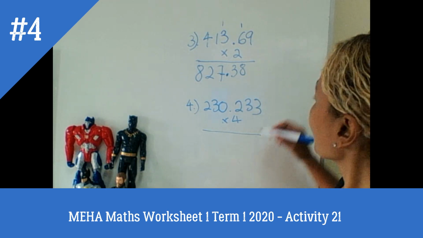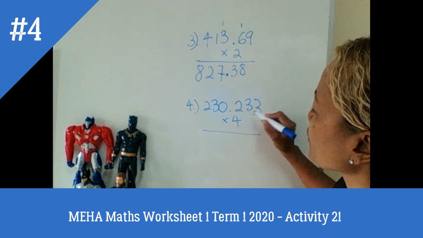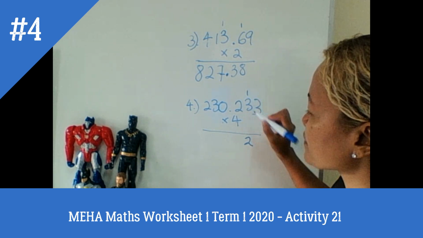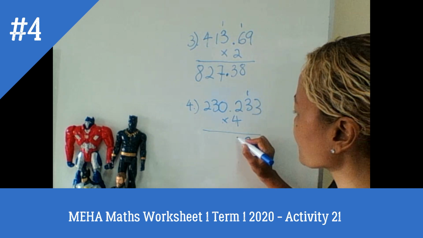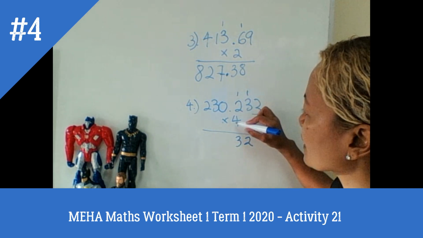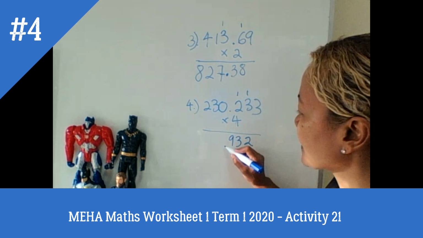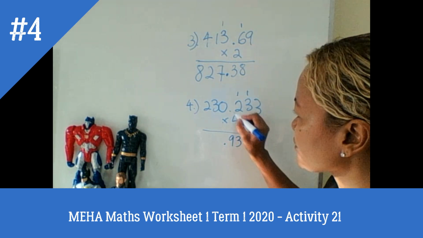Right. 4 times 3 is 12. Carry 1. 4 times 3 is again 12, plus that 1, 13. Carry 1. 4 twos are 8, plus 1 is 9. Then you get to the decimal point as you cross over.